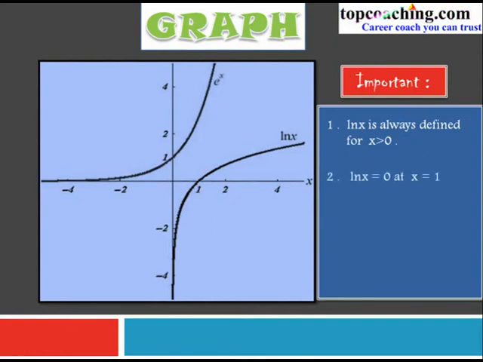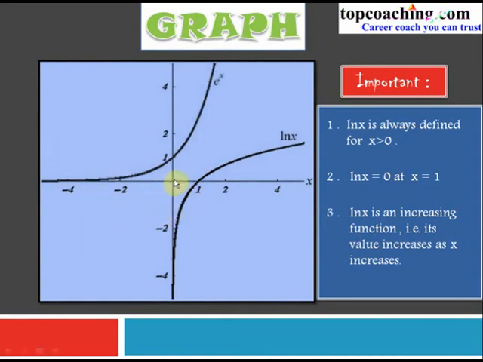The second important point is ln x is equal to 0 at x equal to 1. So at x equal to 1, value of ln x is equal to 0. And ln x is an increasing function. Now what is an increasing function? Increasing function means that the value of the function increases as the value of x is increased.